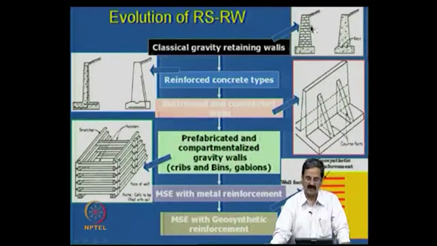That is the concept of a gravity wall, in which you try to have geometrical proportions in such a way that it will withstand all the pressures, both lateral pressures and the vertical components of pressures.